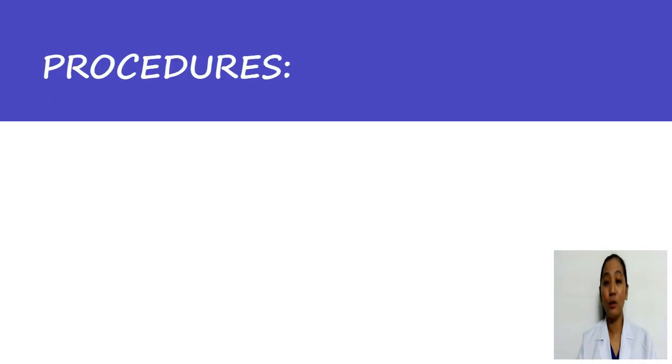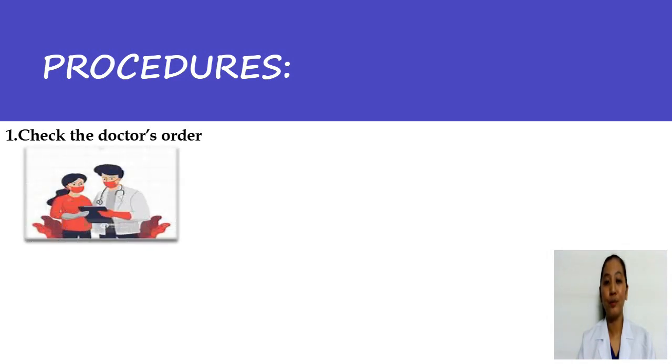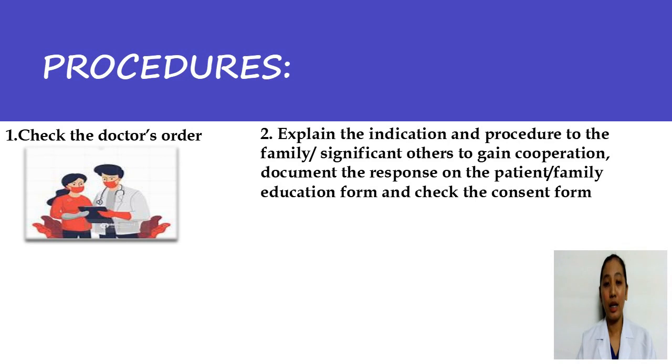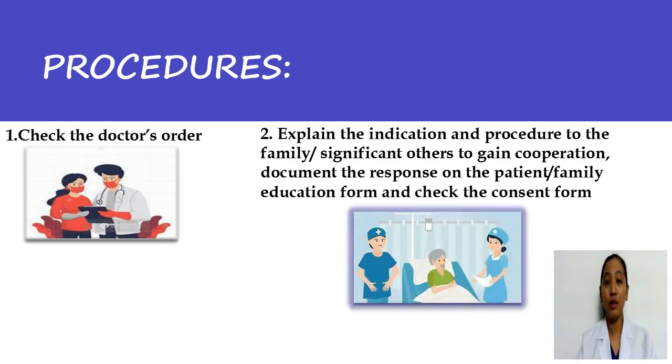Now, let's move on to the procedures. First, check the doctor's order. Second, explain the indication and procedure to the family or significant others to gain cooperation. Document the response on the patient or family education form and check the consent form.